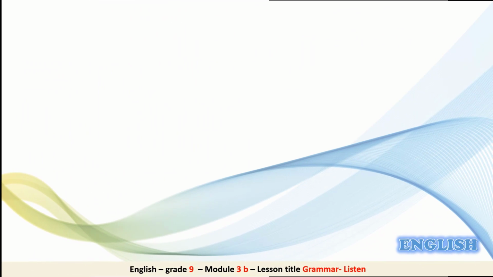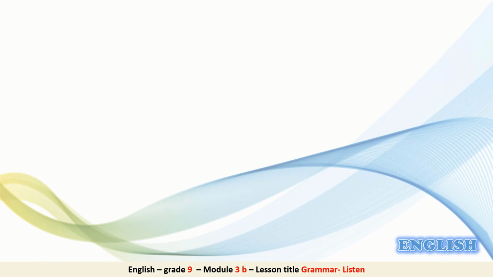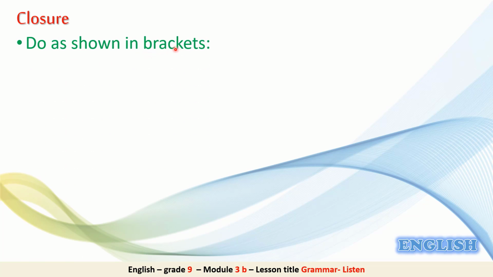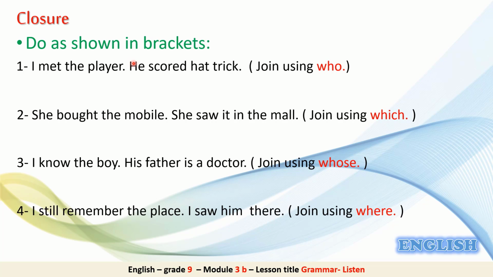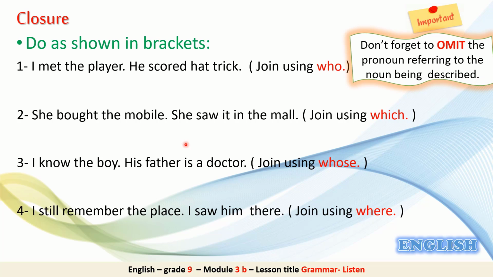Now let's wrap up what we have studied today. In this closure activity, we are going to do as shown in brackets. Here we have 4 sentences divided into 2 parts. We are going to join the 2 parts of each sentence using the given relative pronoun or adverb. Before that, I'd like to draw your attention to this important note.